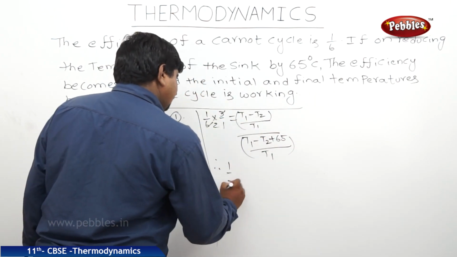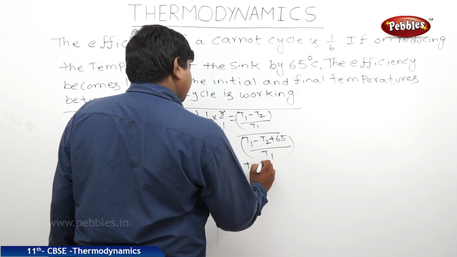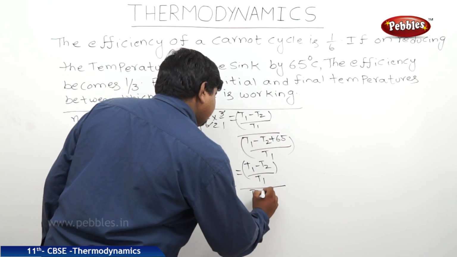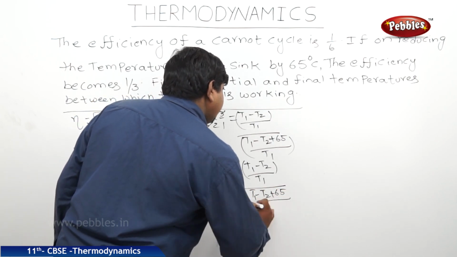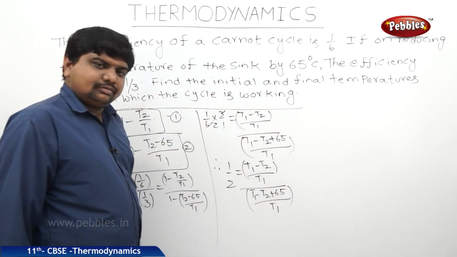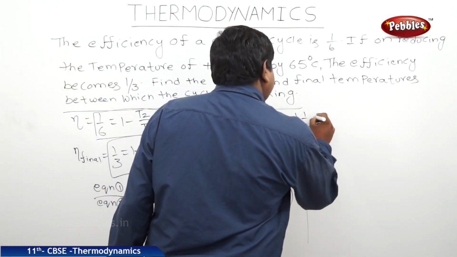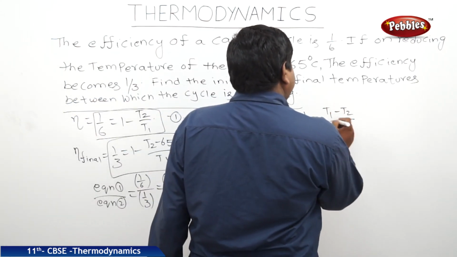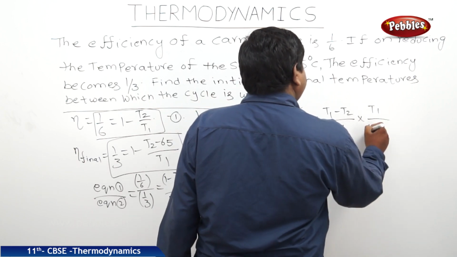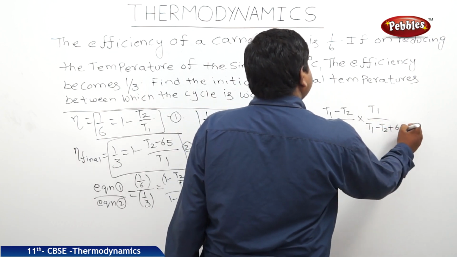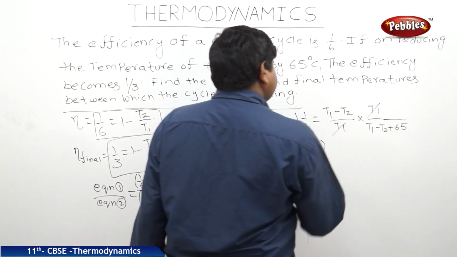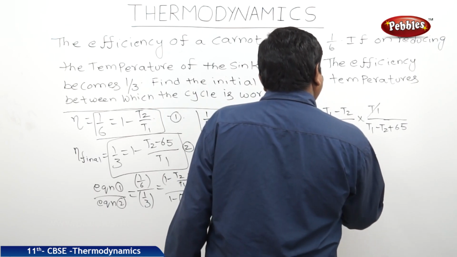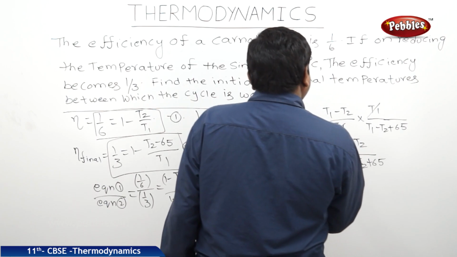So we can say 1 by 2 is equal to (T1 minus T2) by T1 into T1 by (T1 minus T2 plus 65). T1 and T1 get cancelled. Therefore, (T1 minus T2) by (T1 minus T2 plus 65) is equal to 1 by 2.